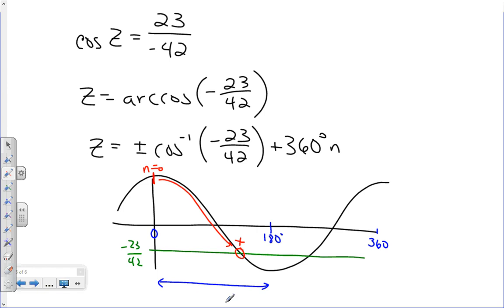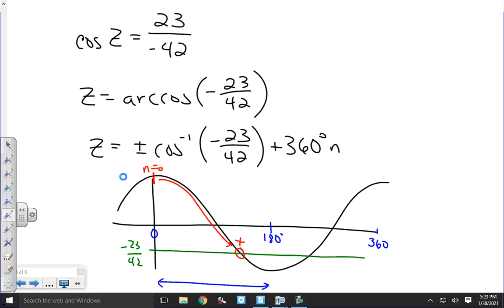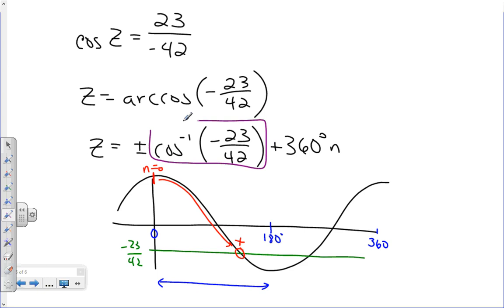If we think about the range of cosine inverse, the range of this function is between 0 and 180. We know that cosine inverse of any quantity, let me write it as cosine inverse of x, is between 0 and 180. Cosine inverse gives me an answer between 0 and 180.